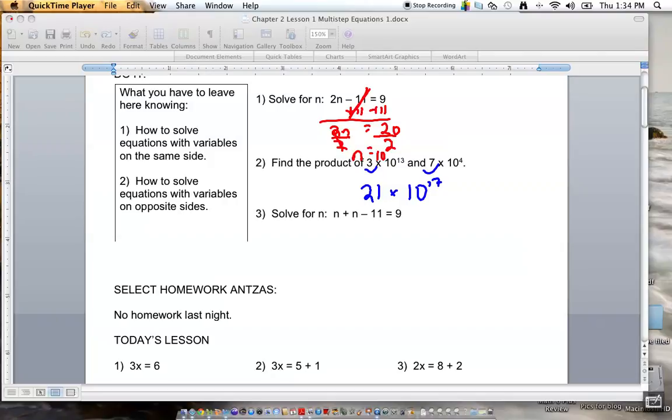Say it with a little passion. Turn to your neighbor. Let me hear it loud and proud. Multiply those coefficients. Add those exponents. Go ahead, multiply coefficients, add exponents.